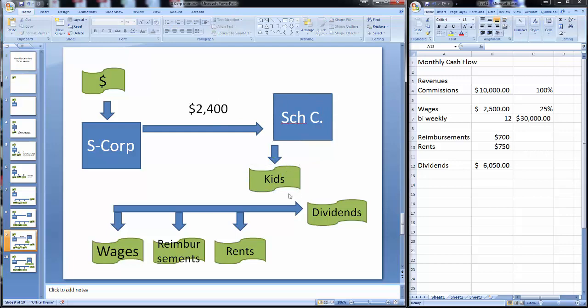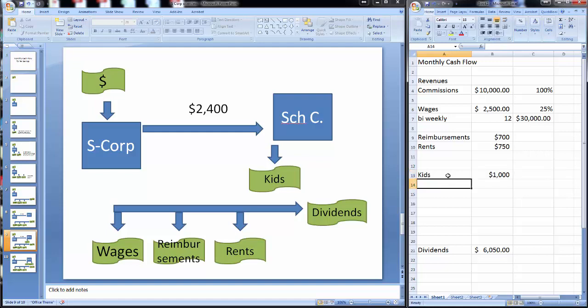But what are we going to do? So let's say we have the kids. If you're not familiar with this, hiring the kids is a great strategy that allows you to do tax-free income to your kids. So let's say the kids are going to be doing bookkeeping services, and janitorial and accounting and other things like that. We can find a way to pay the kids $1,000.